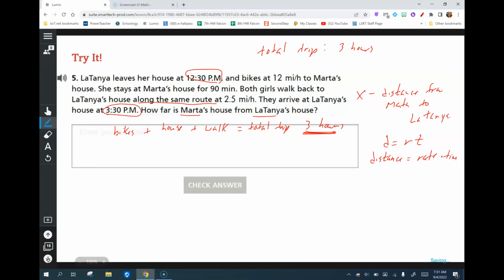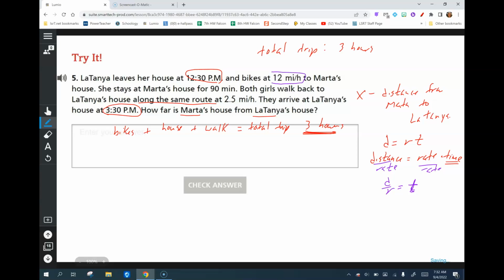Now, that is true, and since we have to have everything in time, we're going to get time by itself. So we're going to take and divide both sides by the rate. And when I divide by the rate, I get that distance divided by rate is equal to time. So that's how I'm going to get everything in time. Okay, so that's an important concept.